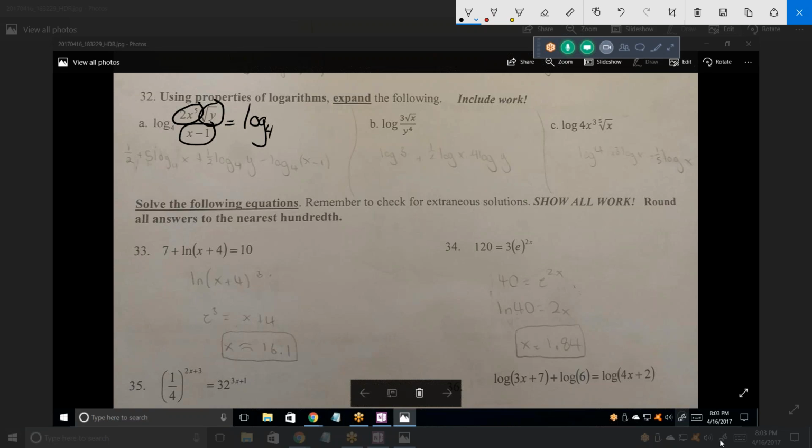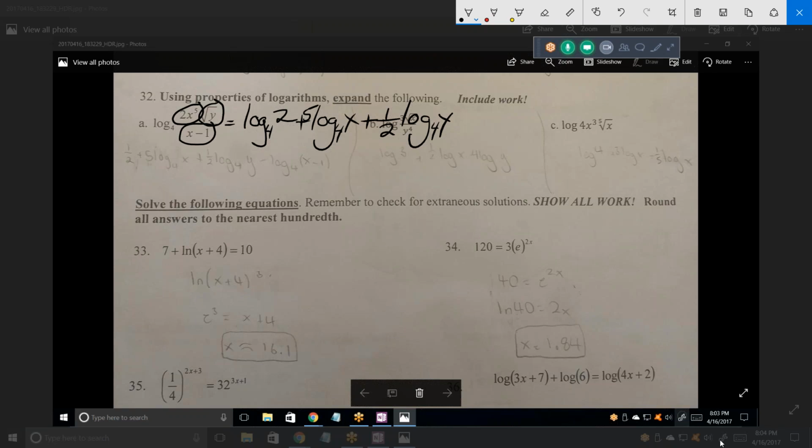Okay, so here's what she did. She made that her first statement, right? Because 2 is multiplying x to the 5th. So then she added log base 4 of x to the 5th, which becomes the 5 in front. And then more addition, because they're all multiplying y to the 1/2, which becomes 1/2 log of y, all of them base 4.